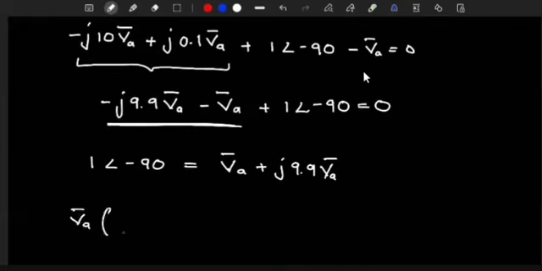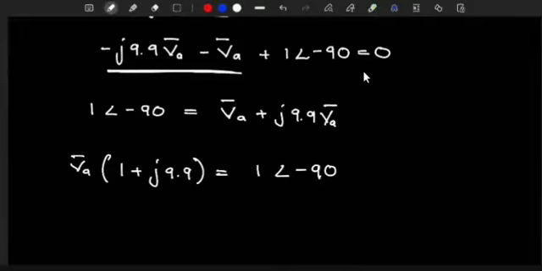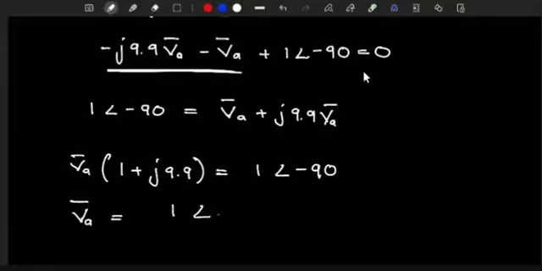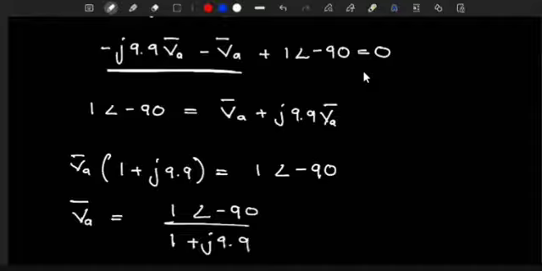I'll have 1 plus J 9.9 equals 1 phase minus 90. Then I'll divide both sides by the coefficient of VA, giving me 1 phase minus 90 over 1 plus J 9.9. Have you seen that?